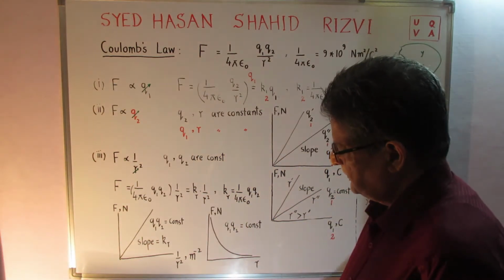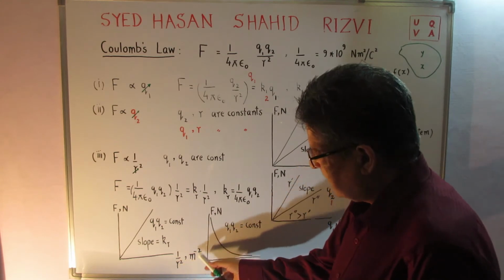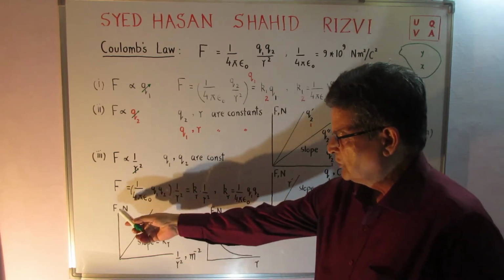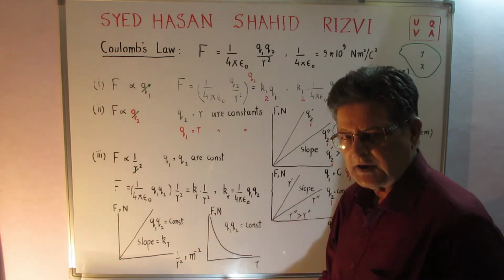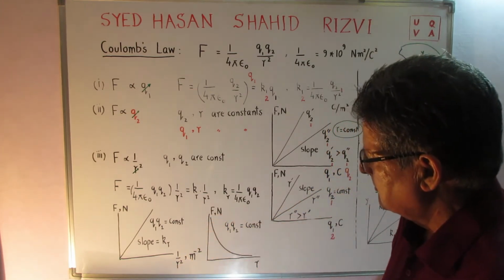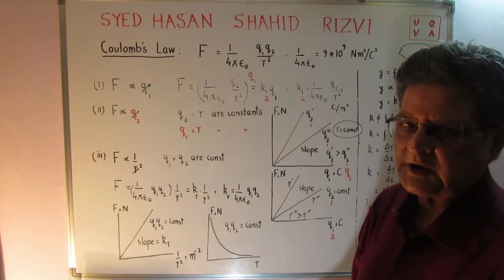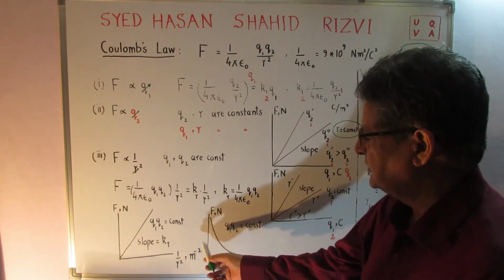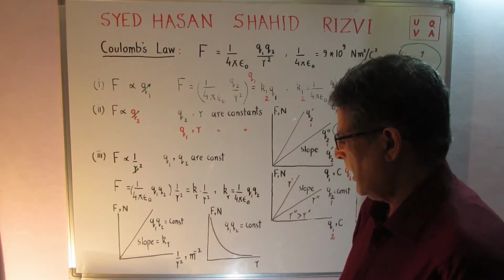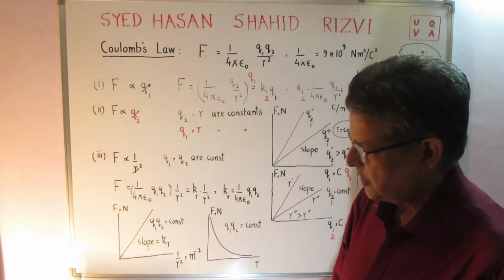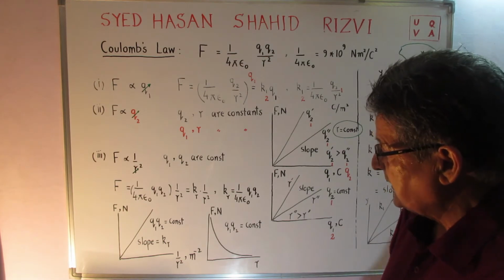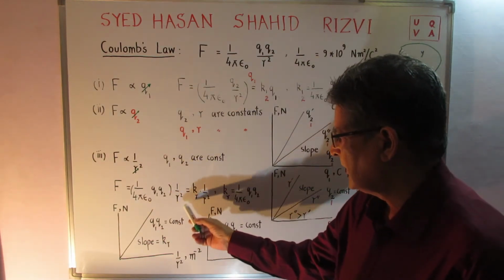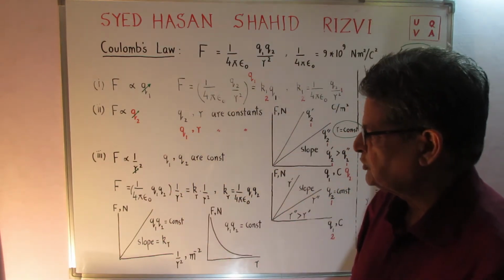So, in the first instance I plot the force in newtons with respect to 1 upon r square, which is in per meter square, meter raised to the power minus 2, something which you are not able to appreciate readily. In that case also, F is proportional to 1 upon r square. What kind of proportionality is that?